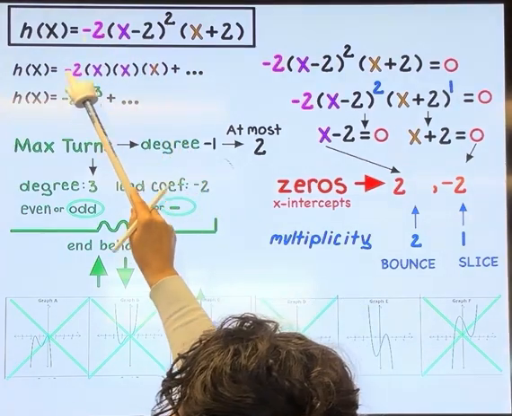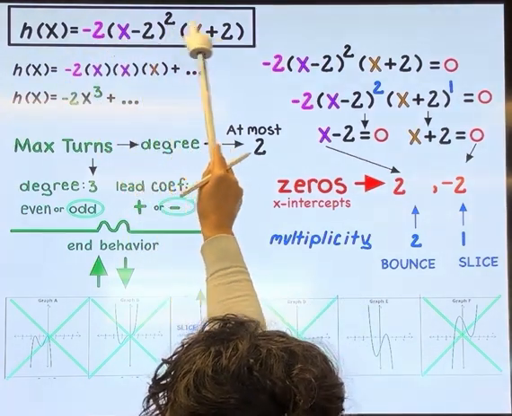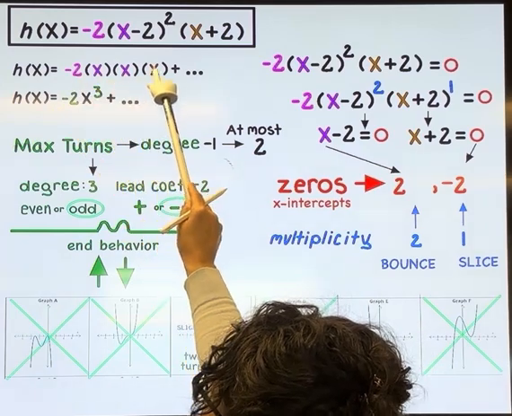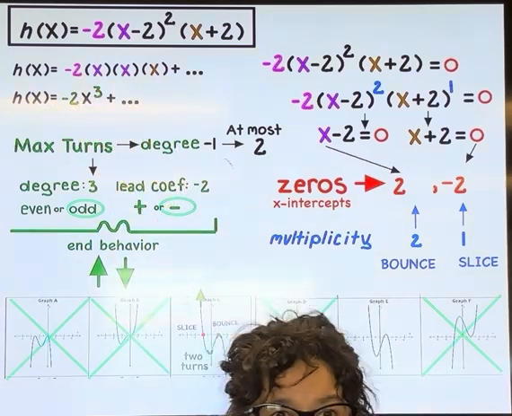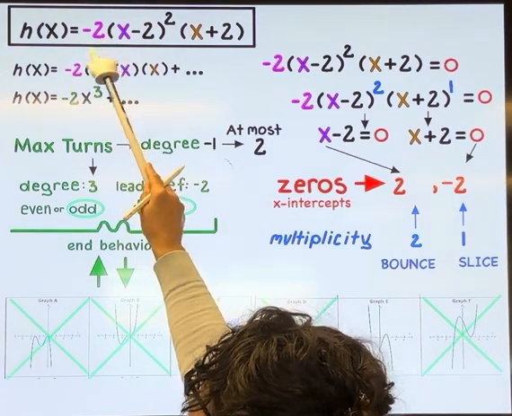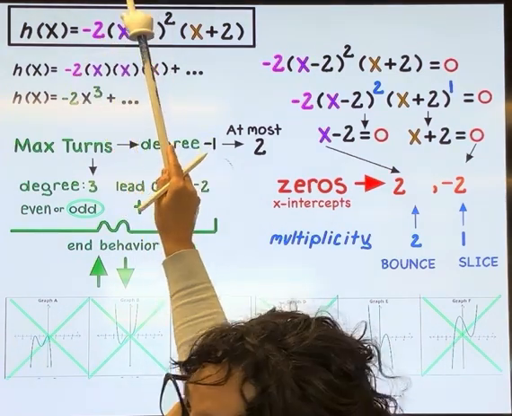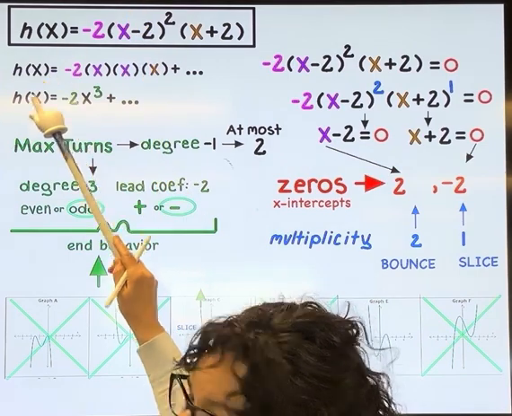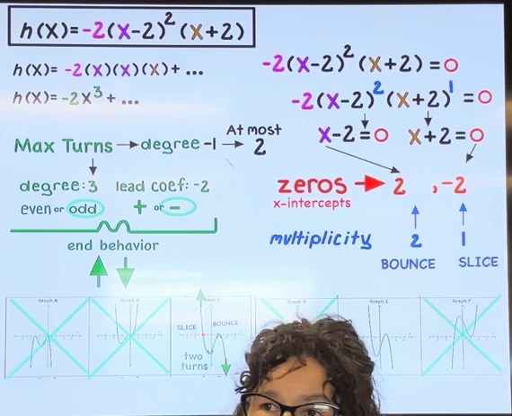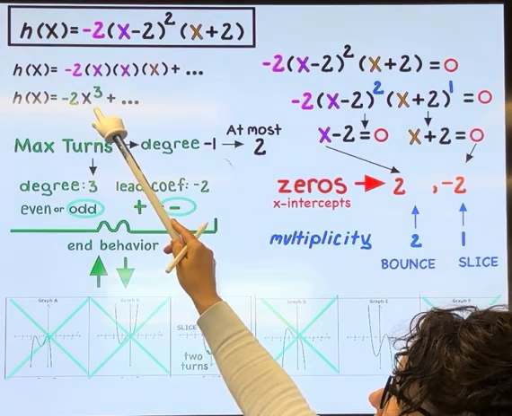But you just write what's in front of every factor and multiply them together. And -2 times x times x times x is -2x to the third. So without multiplying all of that out, taking me all day, we've just got the leading term.